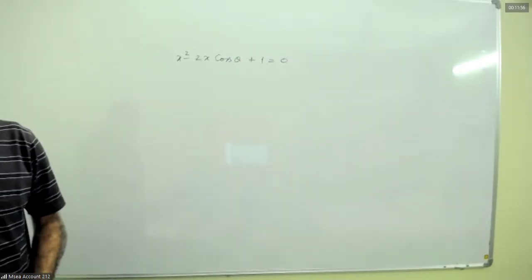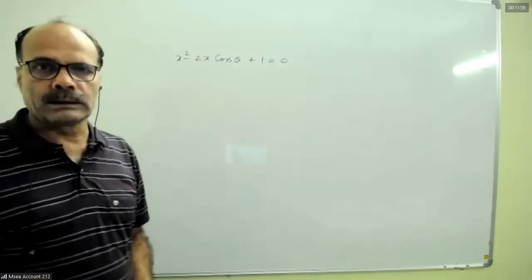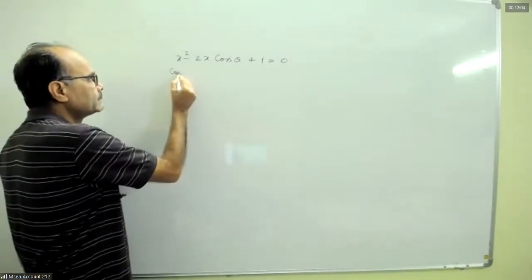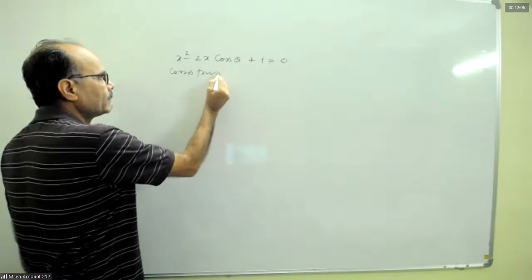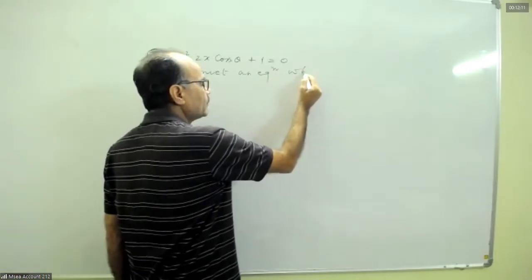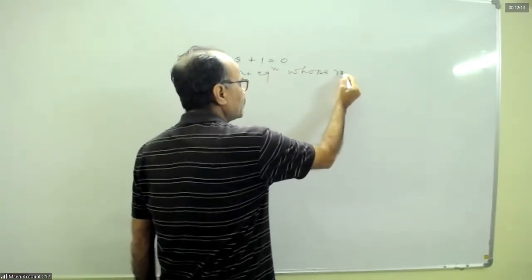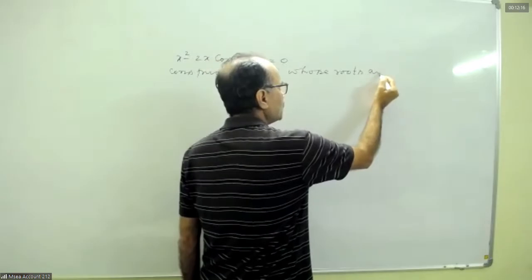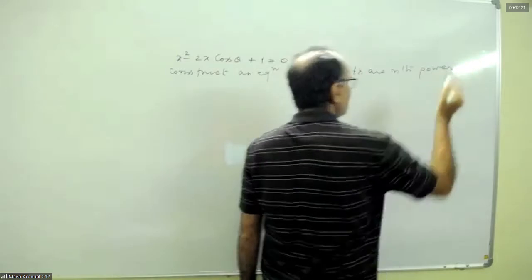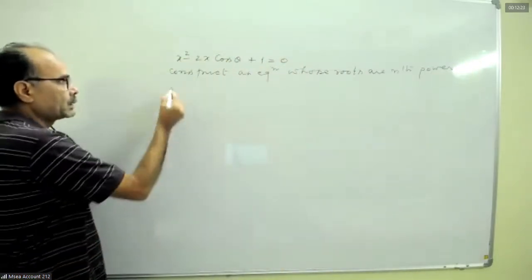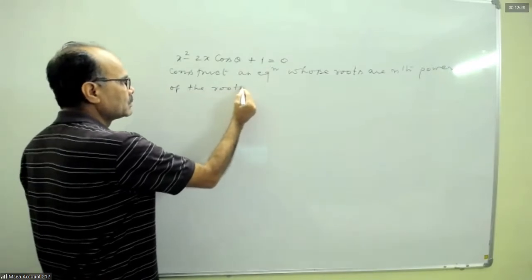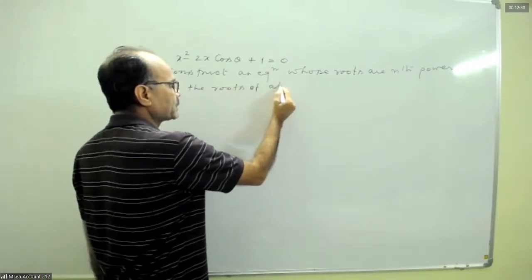x square minus 2x cos theta plus 1 equal to 0. Question is, construct an equation whose roots are n-th power of the roots of the above equation.